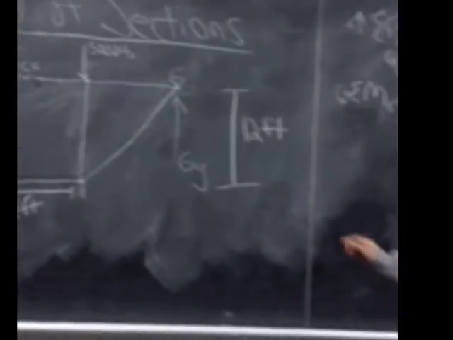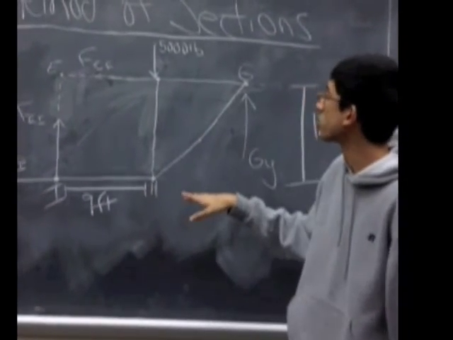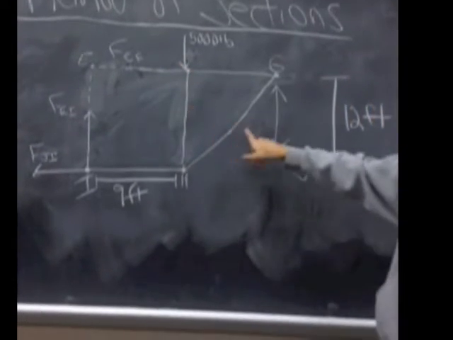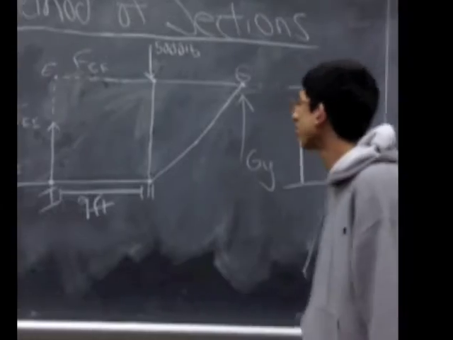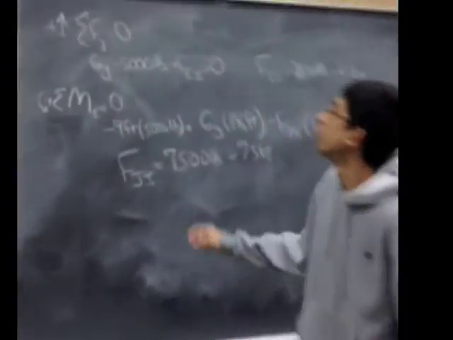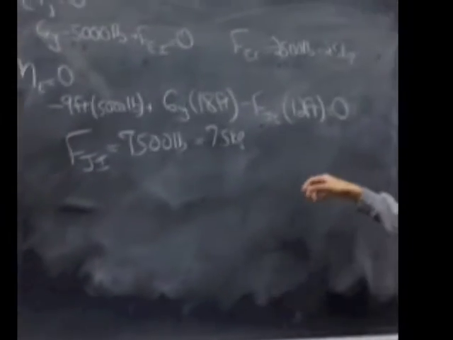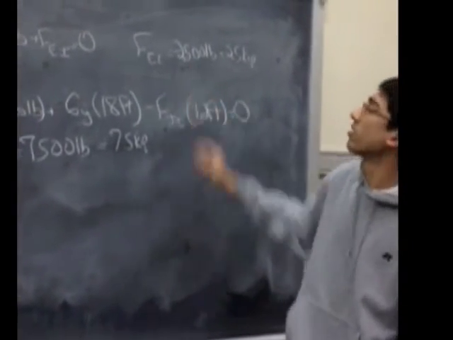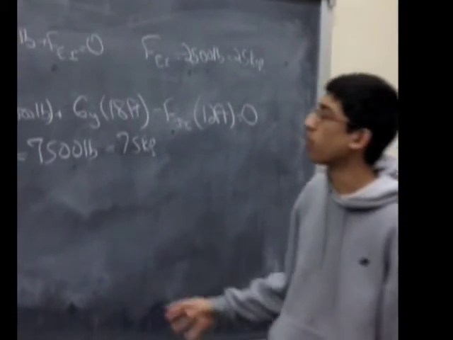What we're going to do is initially start with the sigma Fy, because the only forces we have here are the external force, Gy, and the force at FB. So we can use that, and knowing what our Gy force is, we can solve for force EI. Now it's going to come out to be a negative number, which just implies that force EI is a compression force.